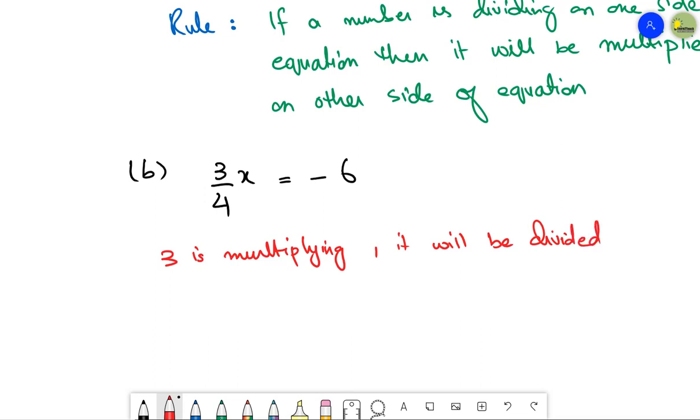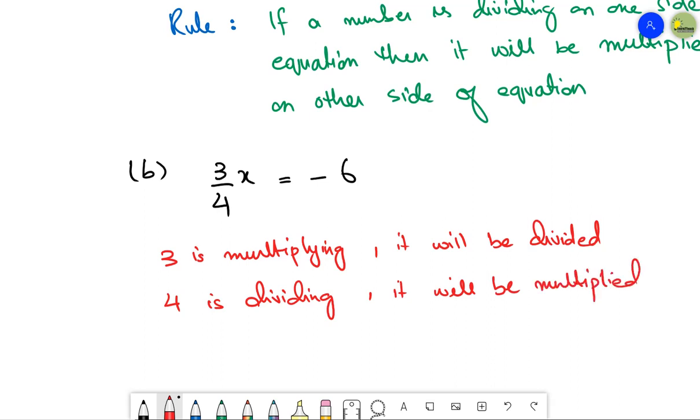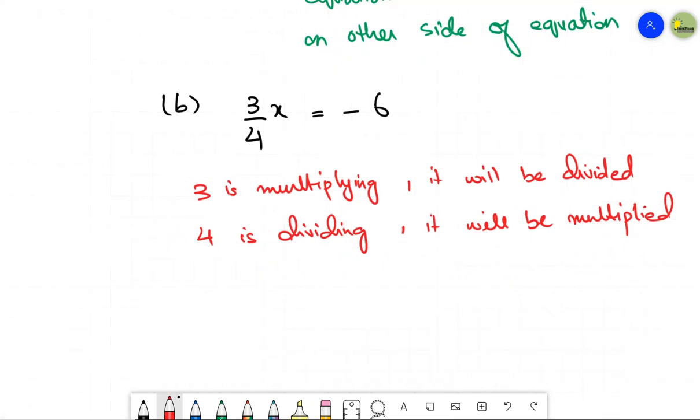And 4 is dividing on the left hand side, so it will be multiplied by minus 6. So you need to do it like this.